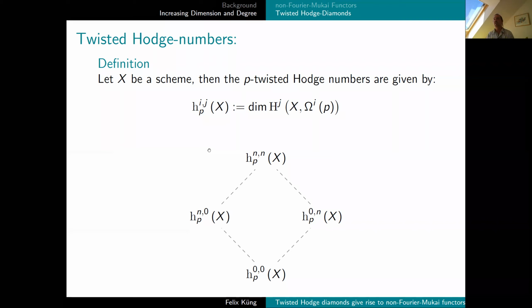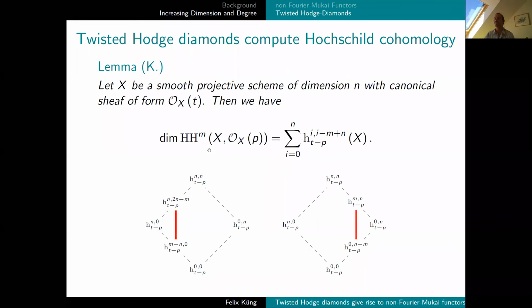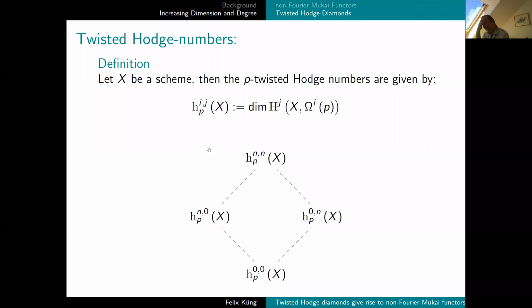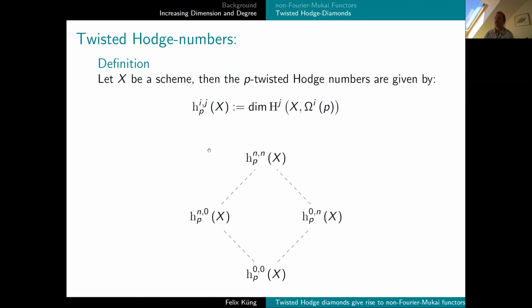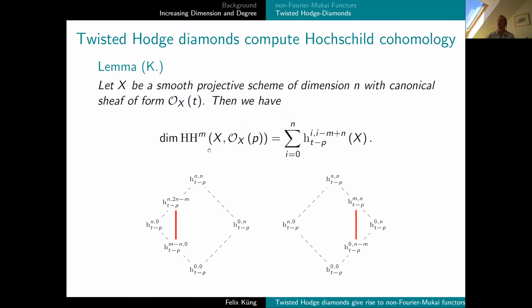And so essentially, you just have a lot more Hodge diamonds, twisted Hodge diamonds, and they don't tend to be symmetric. Now, Brückmann did something very nice. One can use these by the Hochschild-Rosenberg isomorphism very nicely to compute the Hochschild cohomology. Because if you just apply the Hochschild-Rosenberg isomorphism to the Hochschild cohomology, you get that it's a direct sum of precisely the spaces of which dimension make your twisted Hodge diamond.